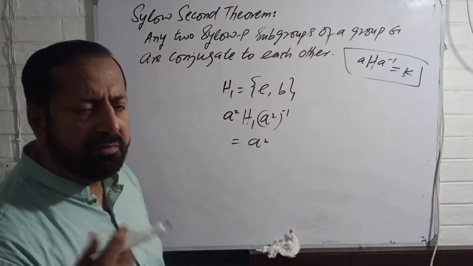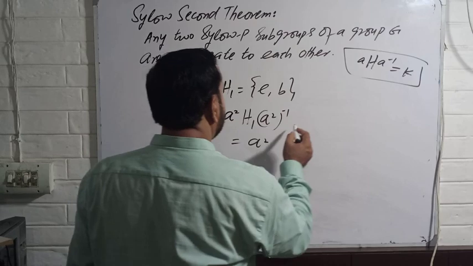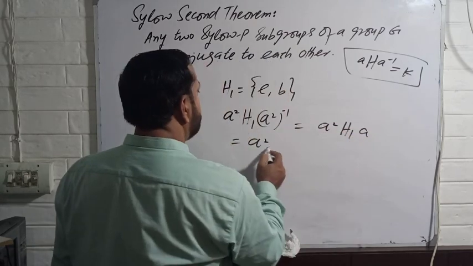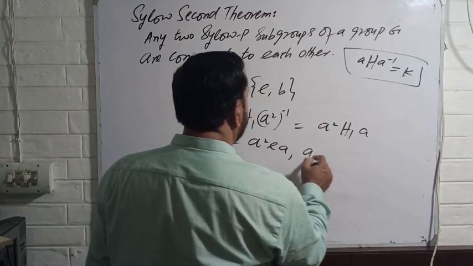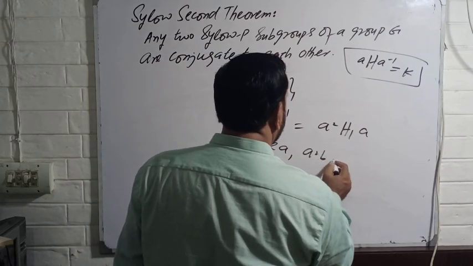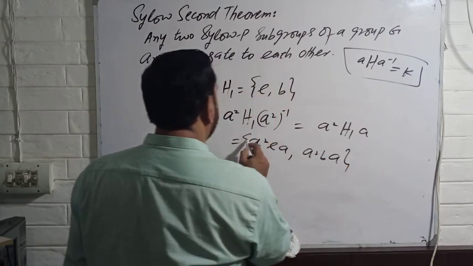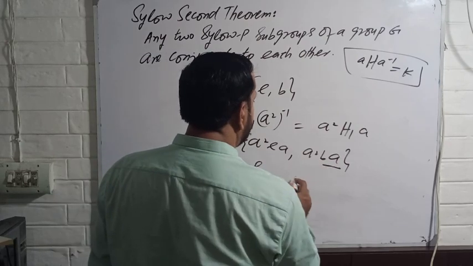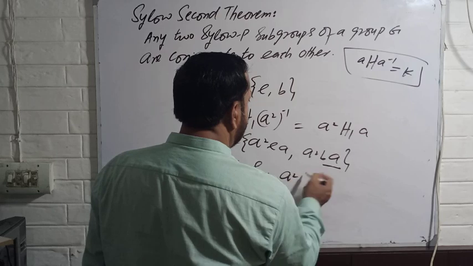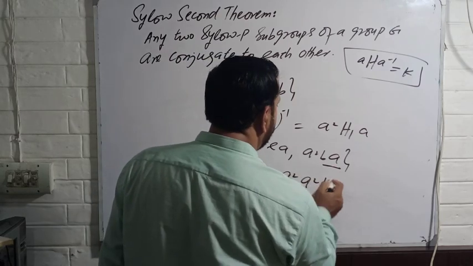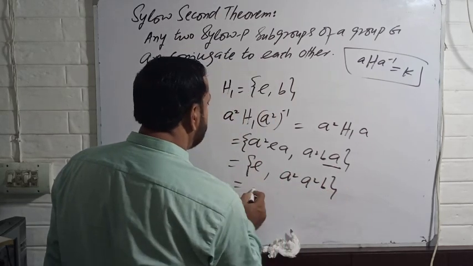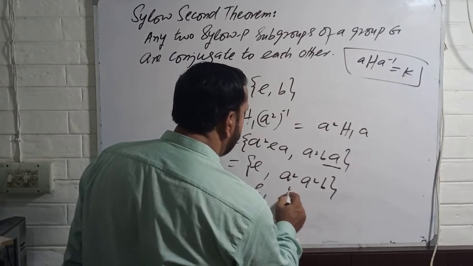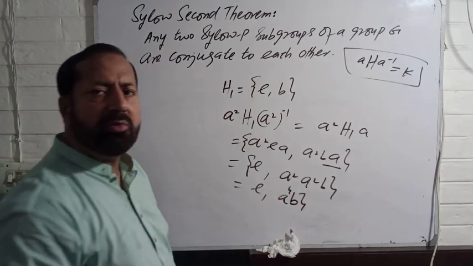A square inverse is in fact A. So this is in fact A square H1 A. This is E, then A square B A, and what is this? This is E, and A square B A is equal to A square. What is BA? This is A square B. So look, this is E, A4 B, and you know A cube is equal to identity.